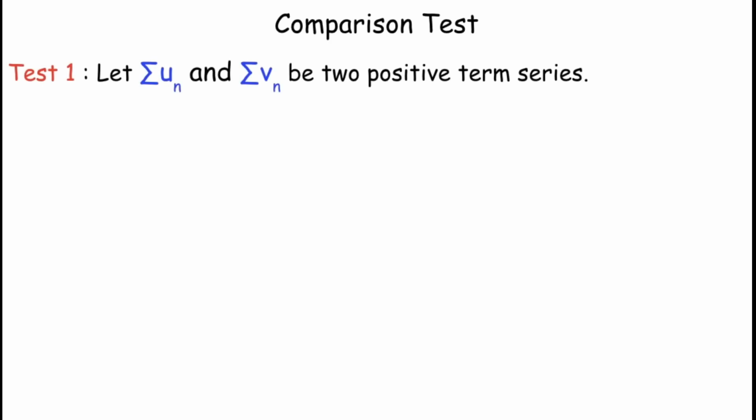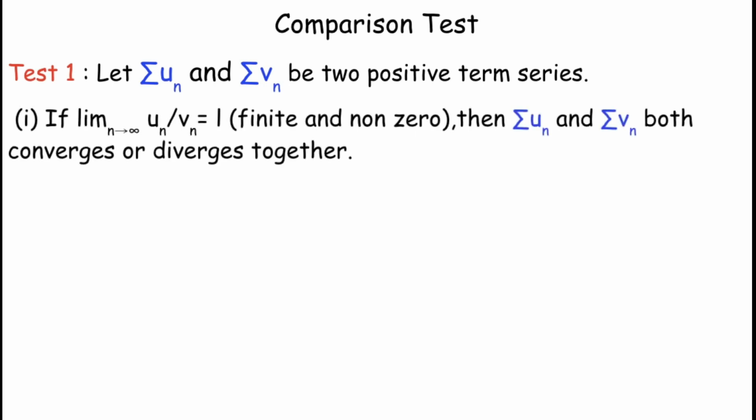Let summation un and summation vn be positive term series, and if the limit of un by vn as n approaches infinity equals L, which is finite and non-zero, then un and vn both converge or both diverge.